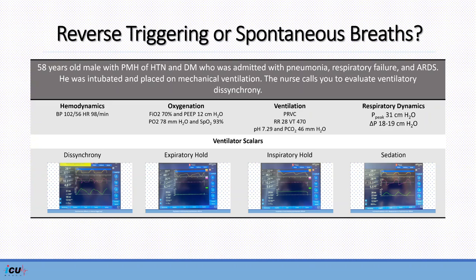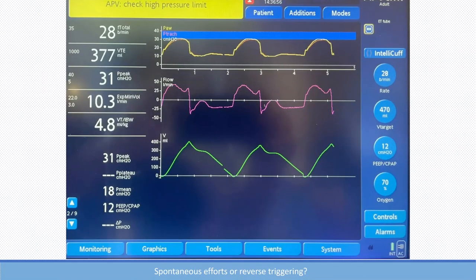He was on fentanyl and propofol, but his RASS score was -1 to -2. So the nurse calls to evaluate ventilatory dyssynchrony. Without going into the details of hemodynamics, oxygenation, ventilation, and respiratory dynamics, I just wanted to mention that he's on PRVC with a targeted tidal volume of 470, a respiratory rate of 28. So let's take a look.